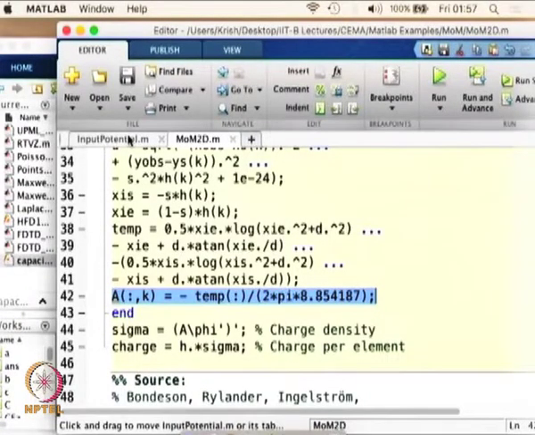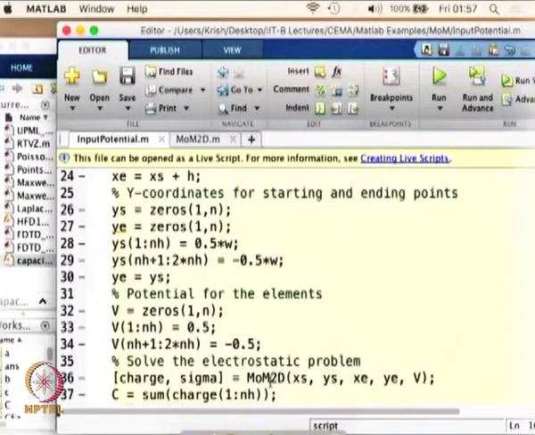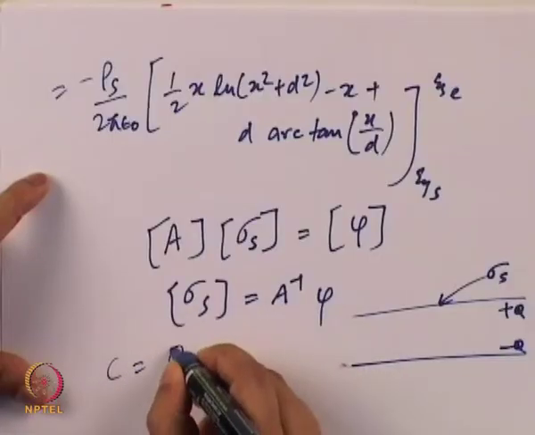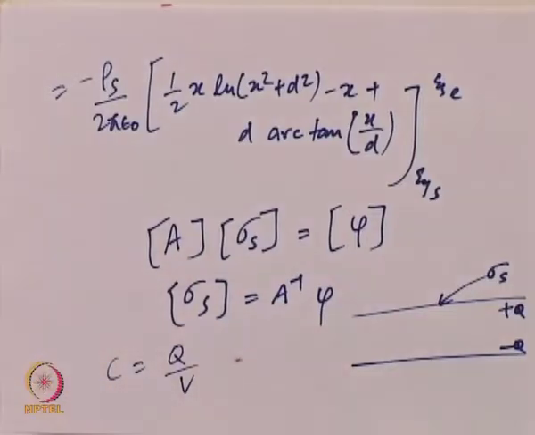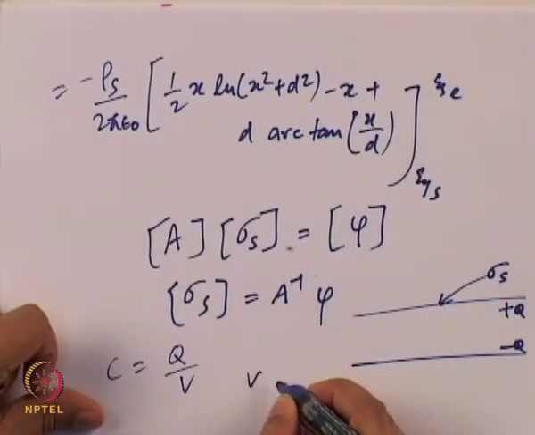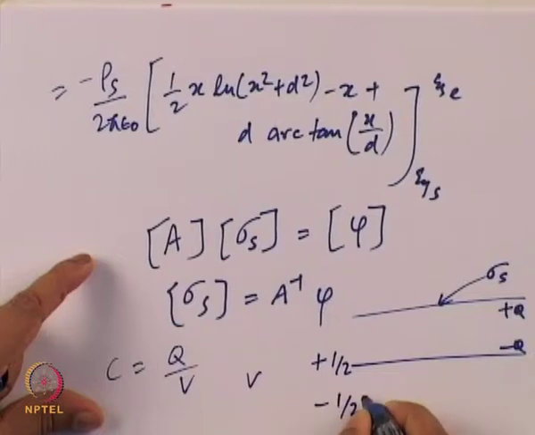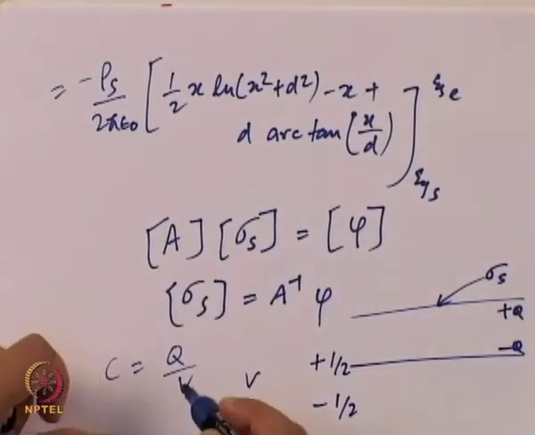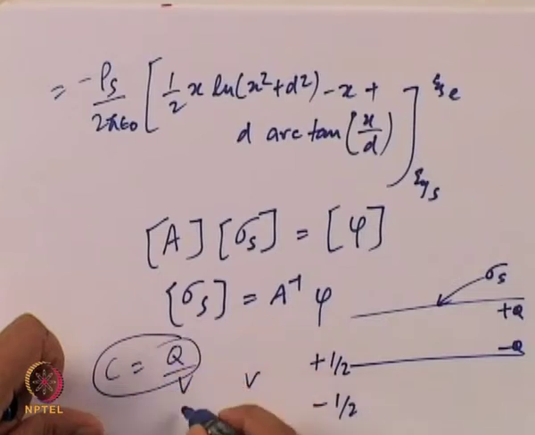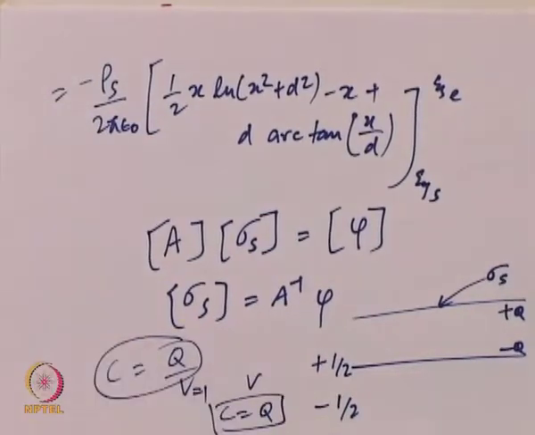Once we know the charge, we can compute the value of the capacitance by using the formula C equal to Q by V, and we know V is the potential difference between the two plates. So it is going to be plus 1 by 2 and minus 1 by 2, so the difference is going to be 1, and we can compute the value of C by making V go to 1, so it is going to be C equal to Q itself for this problem.